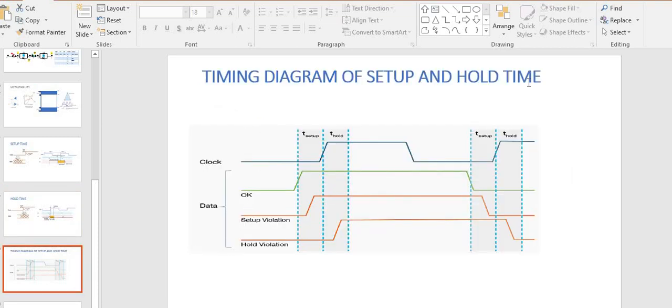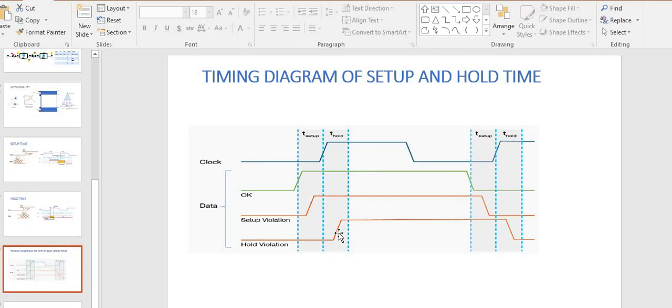Timing diagram of setup and hold time. This was the clock signal. Setup violation, hold violation. Setup means before the rising edge of the clock the data should be stable.